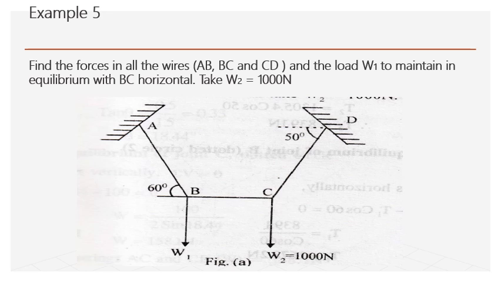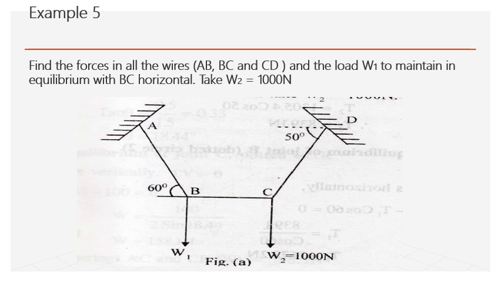Take W2 as equal to 1000 Newton. We have to find the forces in the wires AB, BC and CD. AB is inclined at 60 degrees, CD is inclined at 50 degrees.